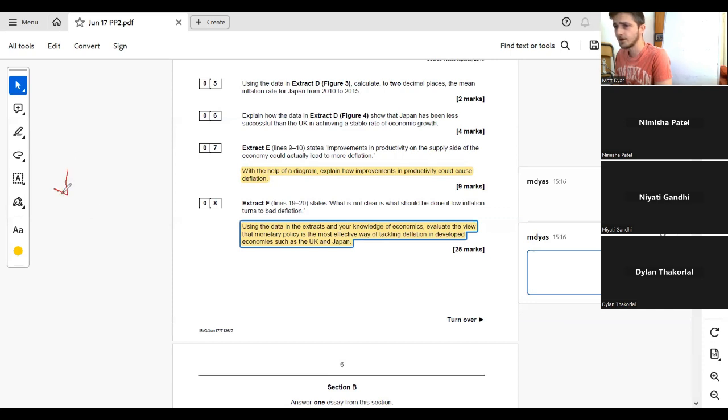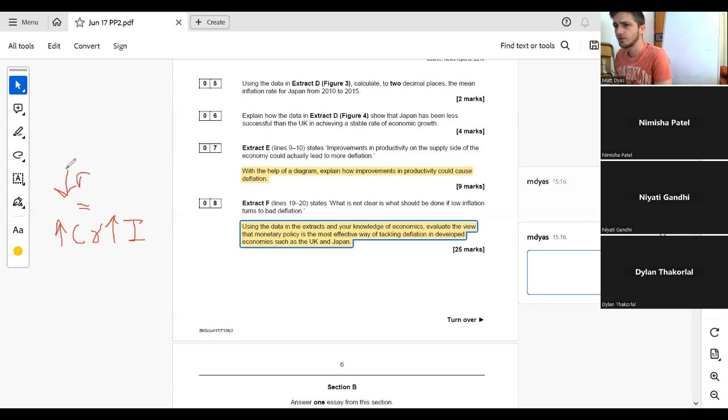If the central bank, who is in charge of monetary policy, again, that's the kind of thing you don't know, but again, most of the analysis we can do without that. If they lower the interest rate, this will increase consumption and investment, which again are things we should know are basic components of AD.